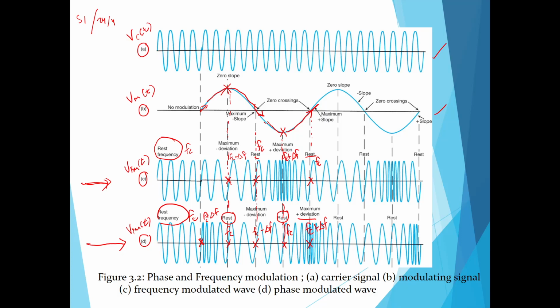So you need to understand where the critical change happens. Di manakah berlakunya perubahan yang kritikal? So for FM, critical change happens during the peak amplitude of the input message. For phase modulation, critical change happens during the zero crossing of the input message.